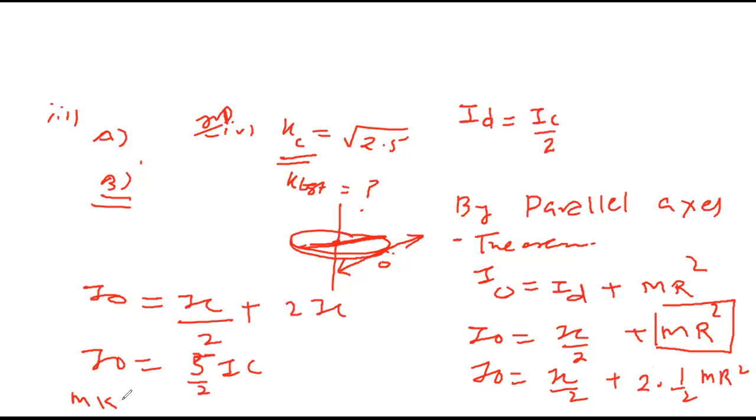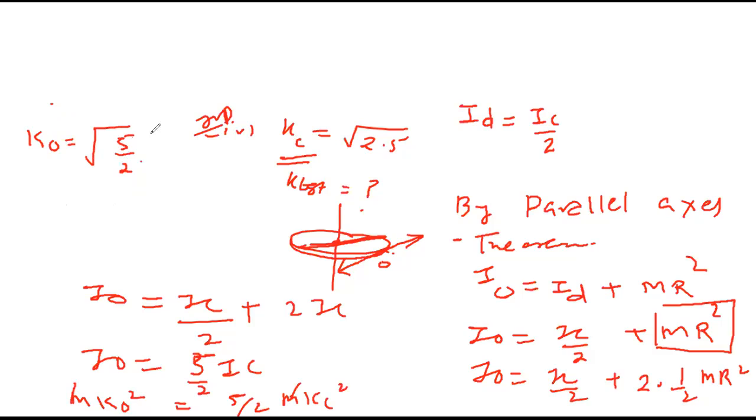IO means M KO square. IC is M KC square. On both sides M we can cancel. Therefore, KO equals root of 5 by 2 into KC.